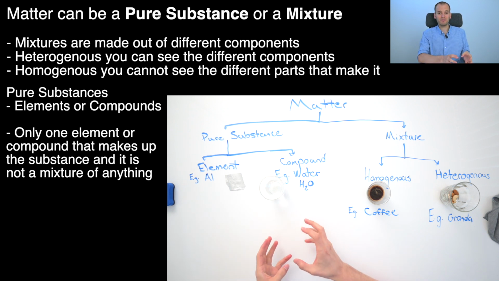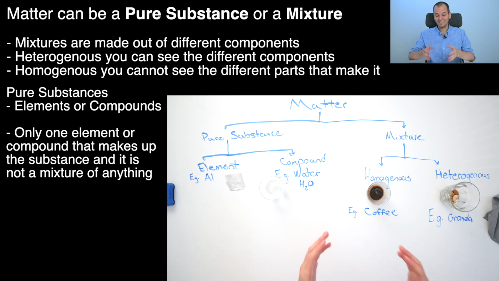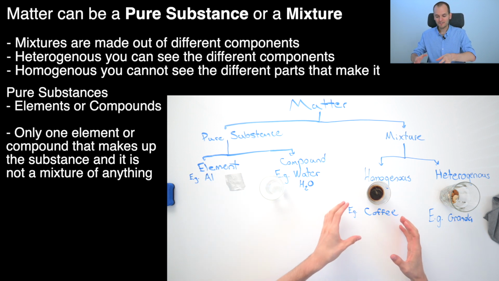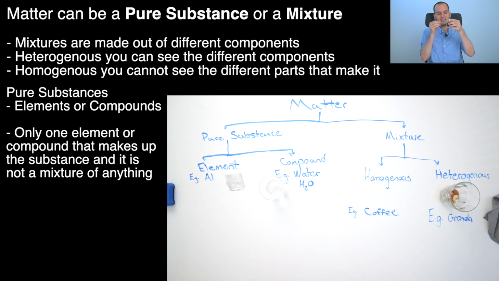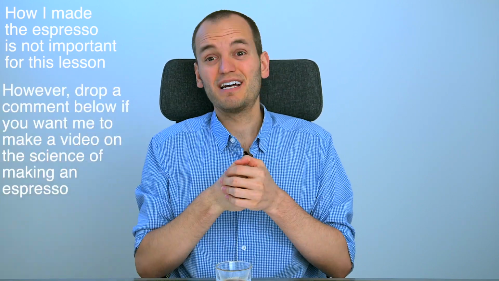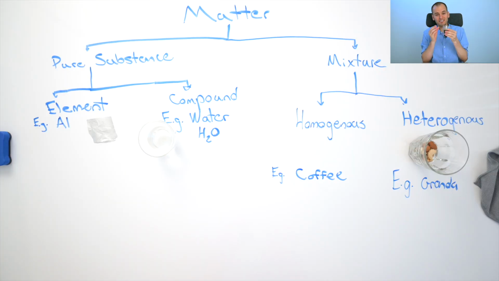An example of something where you have water and stuff in it is coffee. So with coffee, you have different solutes, or different things dissolved into the water in this case. So this was hot water that has different things in the water.